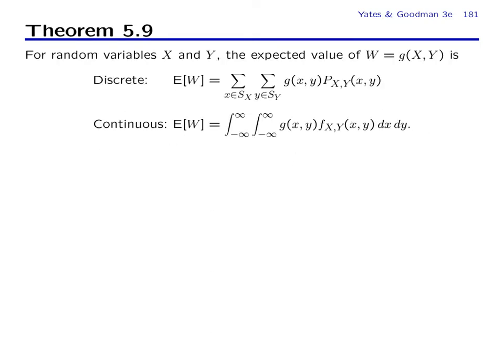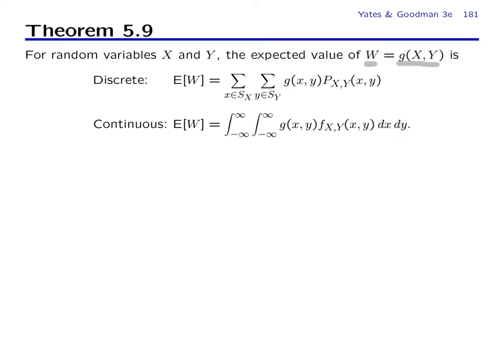So this theorem generalizes our earlier law of the unconscious statistician in that we say that we have some random variable W, which is a function of both X and Y.